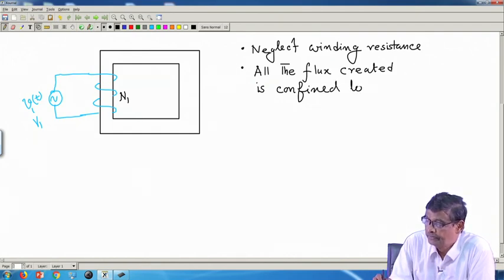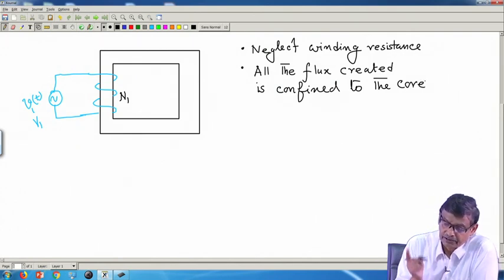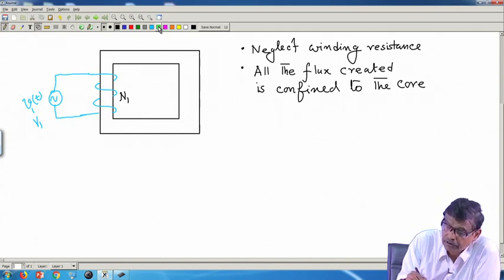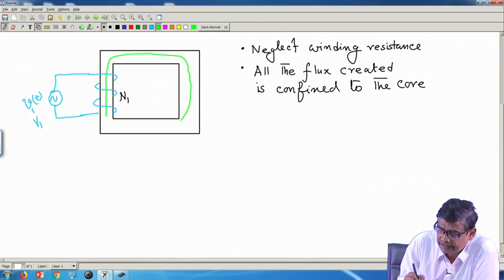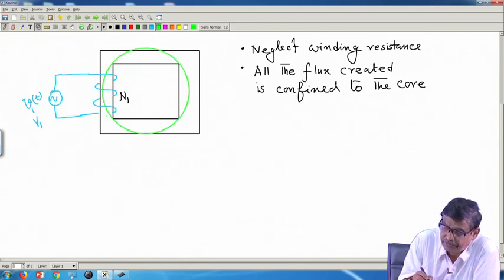In other words, there is no leakage flux. So, all the flux that will be produced will be confined to the core, and there will be several lines.